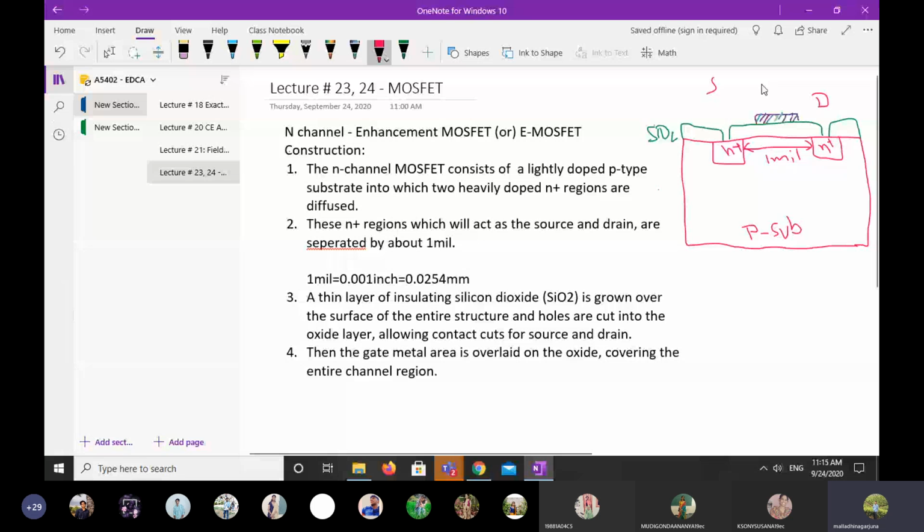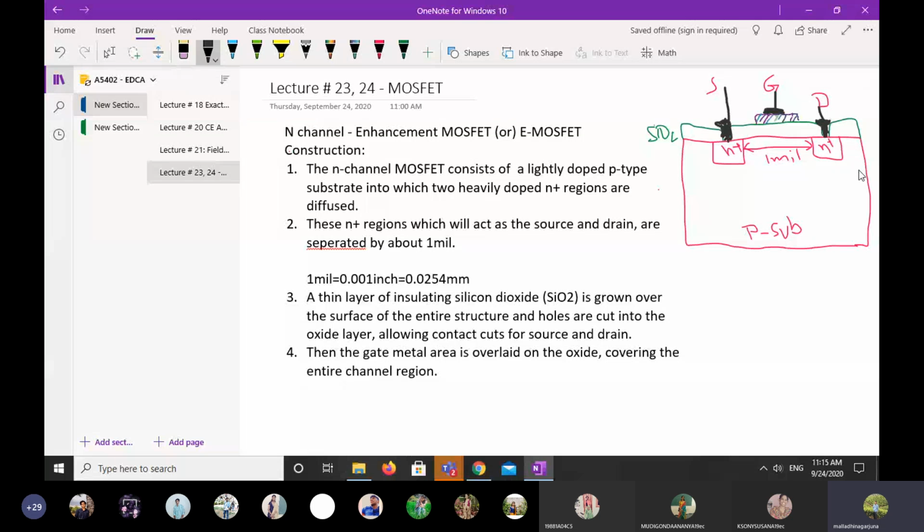This is the source terminal. This is the gate terminal. Finally, the metal cuts will apply here, and one lead will come out. So this is the source. Similarly, for the gate also one lead will come out, that is the gate, and here also one lead will come out, this is the drain.